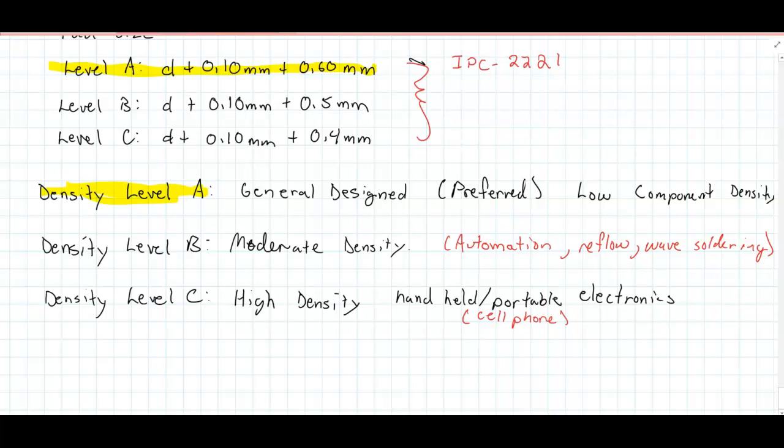You can hand solder it, and there are people who are very skilled at soldering and can hand solder this stuff, but you really have to be like a surgeon, and I'm not exaggerating, because you have to have a really steady hand. You have to have special soldering tools and everything else like that to be able to solder high density by hand. And high density is almost never soldered by hand. It's automated, automatic soldering.